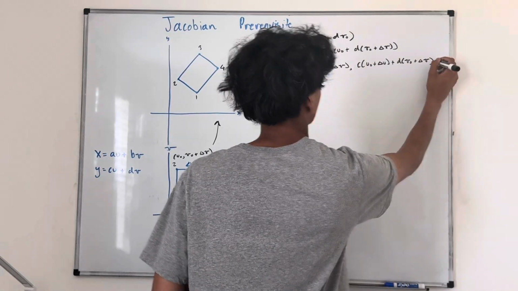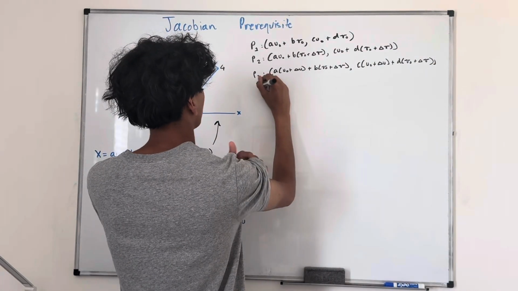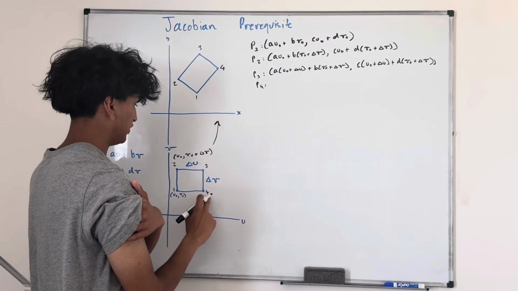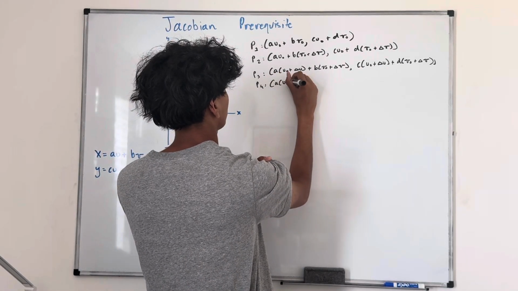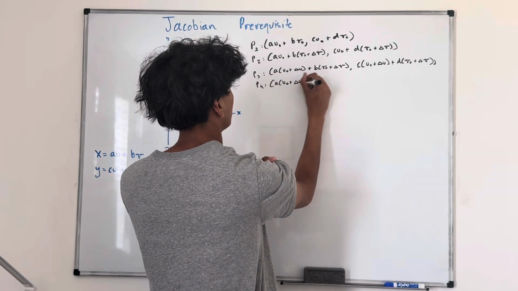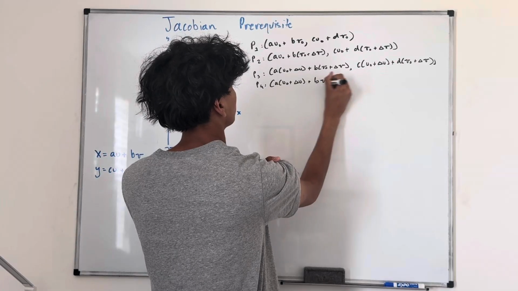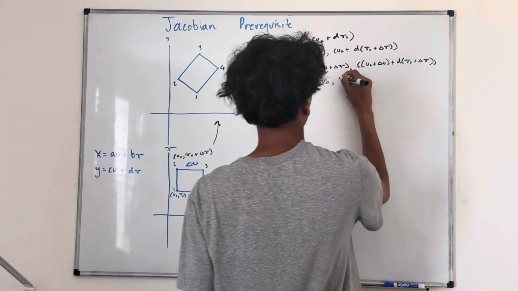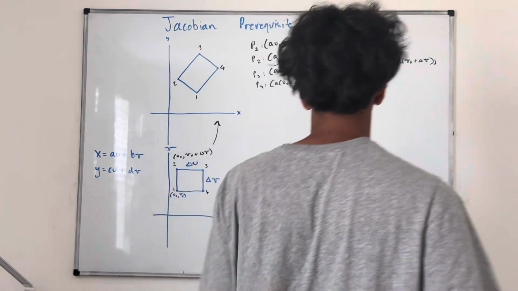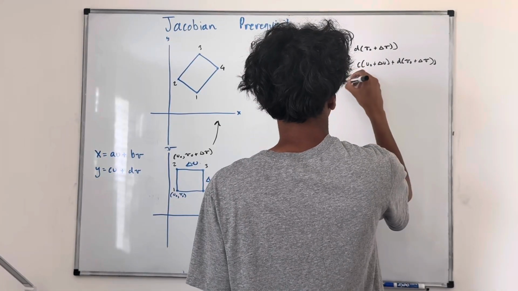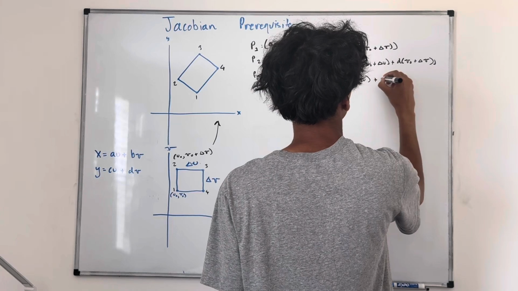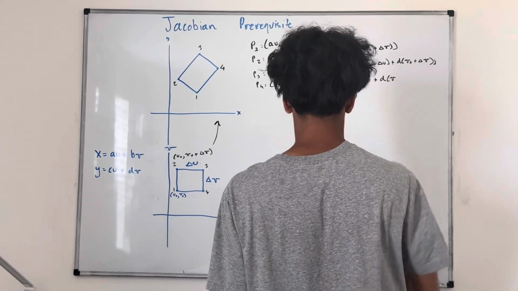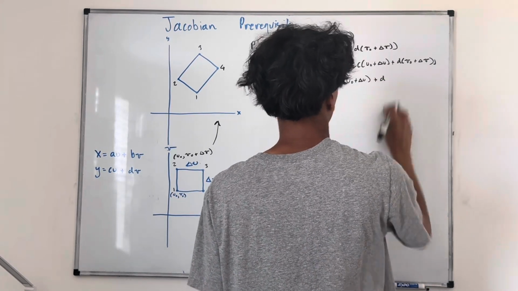And then last but certainly not least, point 4, where it's just a change in U, right? So A times U initial plus change in U plus B times V initial, comma, C times U initial plus change in U plus D times V initial. Okay.